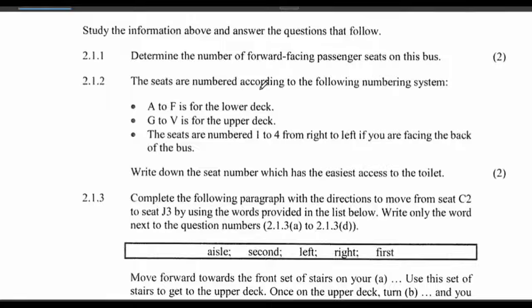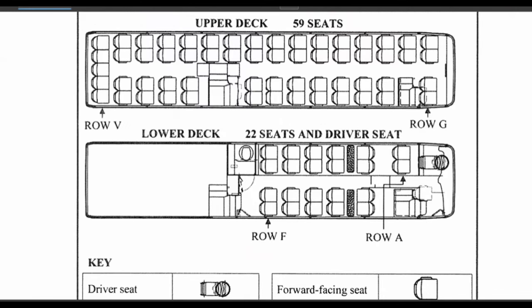You can count them. Let's see. When you add 59 plus 22, you end up having 81. Of the 81, you subtract 1, 2, 3, 4, and remain with 70.